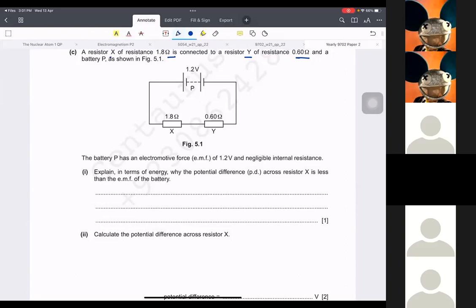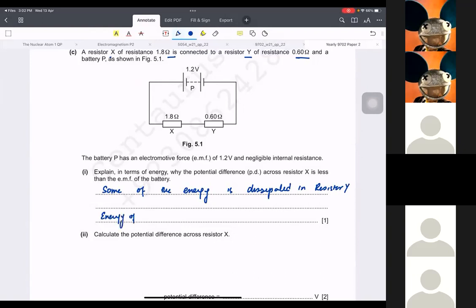It has to be less because some of the energy is dissipated in resistor Y. So you can write an equation as that.